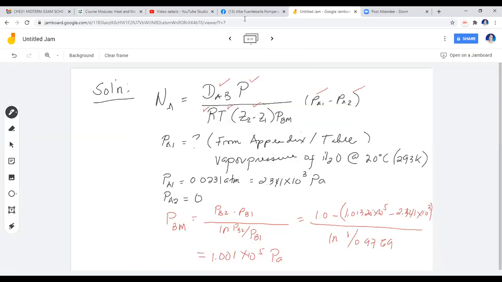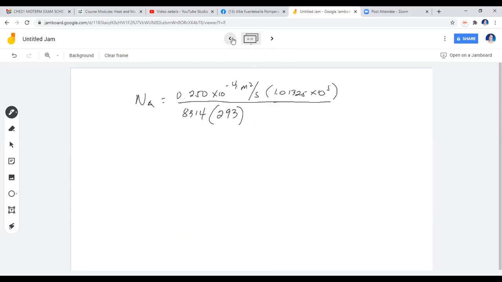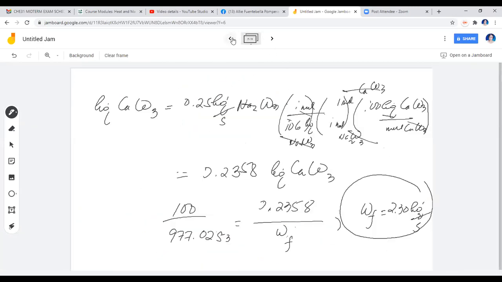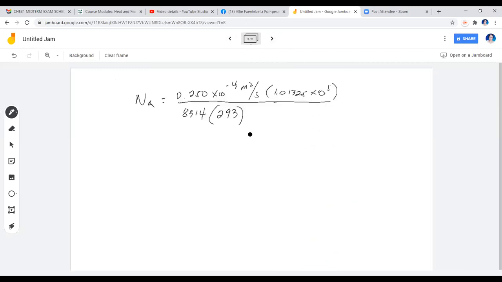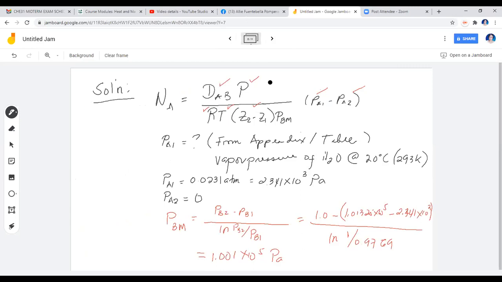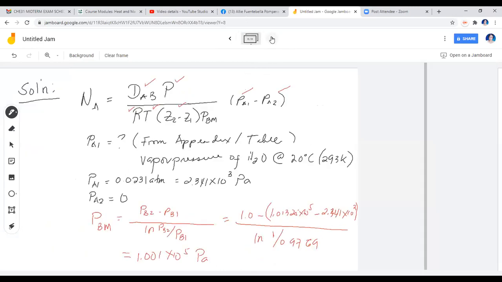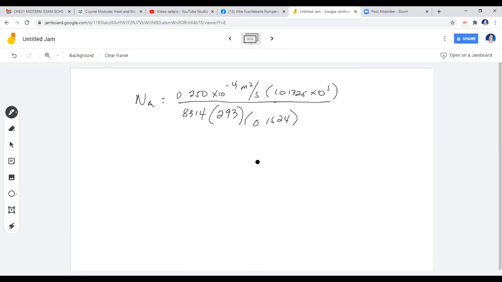And you have the length of the diffusion path, which is 0.1524 in meters. This is your Z2 minus Z1. And then you have the PBM, 1.001 times 10 raised to 5.